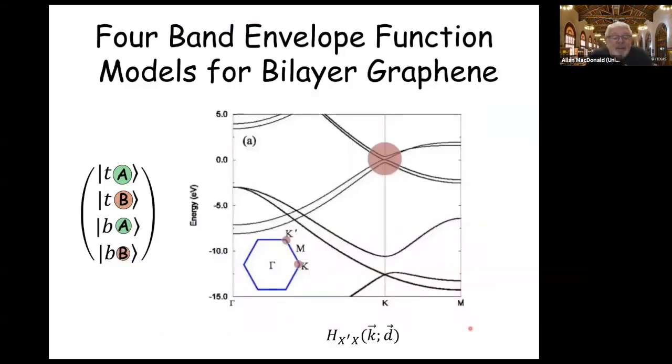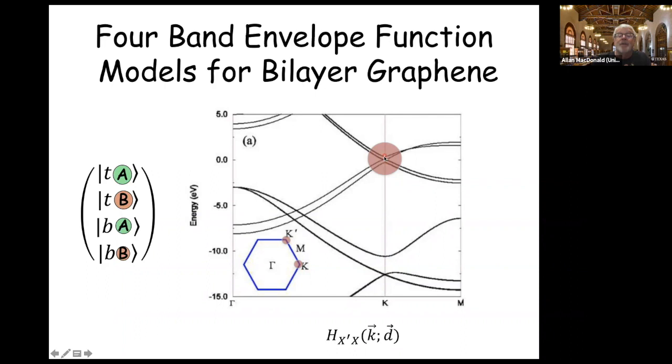Okay, so this is bilayer graphene. This is actually a picture of the electronic structure, familiar to many of you, of AB Bernal stacked bilayer graphene. In these graphene multilayers, the different layers interact with each other mainly via electrons tunneling back and forth between the two layers. The bands that you see here at the Brillouin zone corner correspond to the cartoon I showed you earlier.